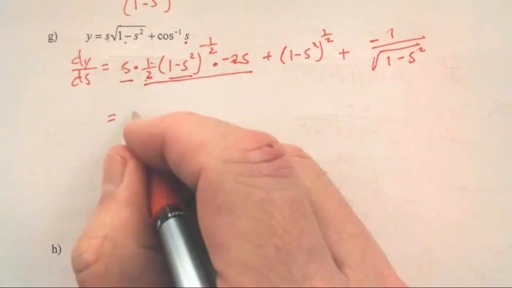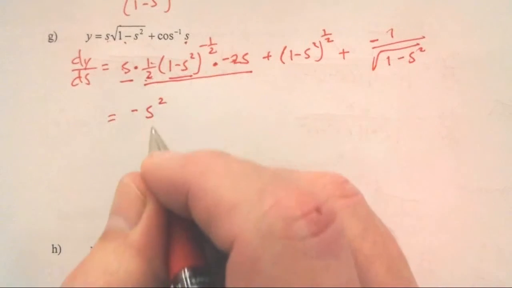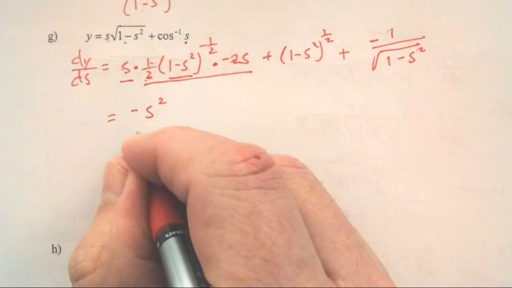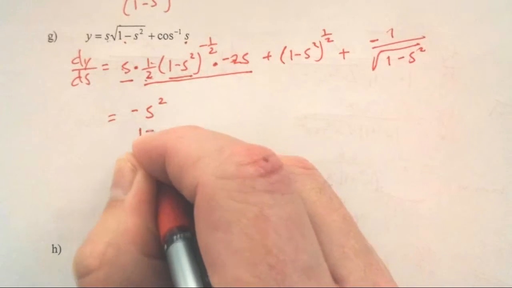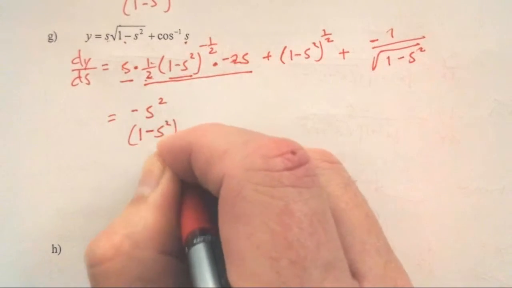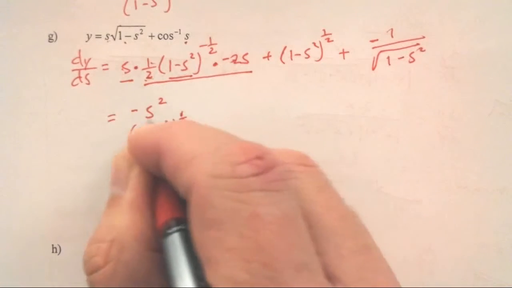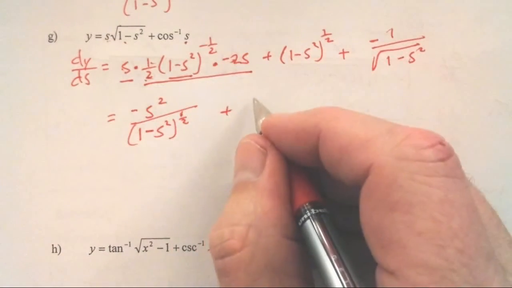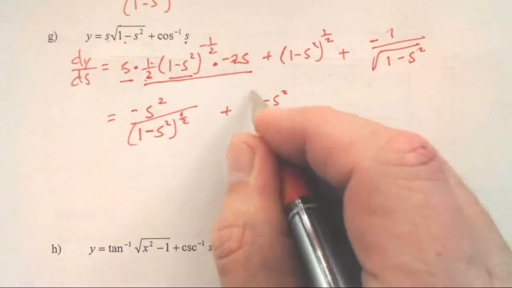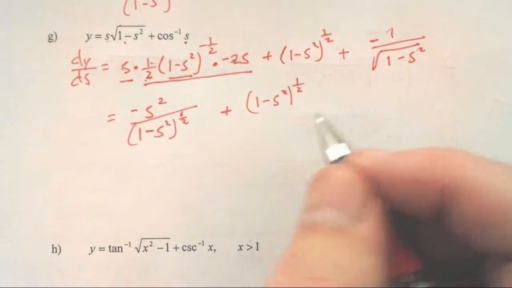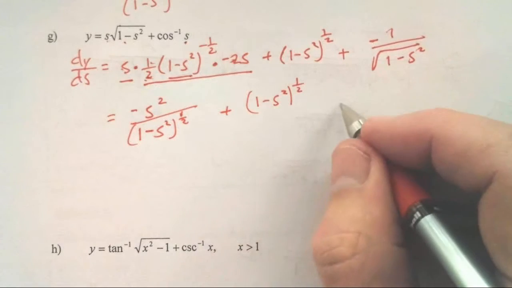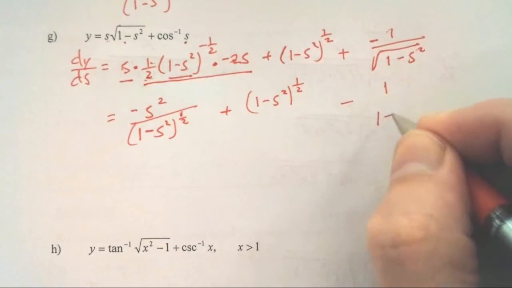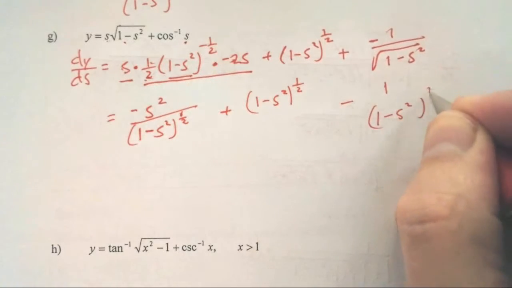Negative, pair of s's, negative s squared. I'll leave it to the 1/2 instead of making it square root, 1 minus s squared, I may regret that, but it's just another step. So I get this plus 1 minus s squared to the 1/2, plus negative 1 on 1 minus s squared to the 1/2.